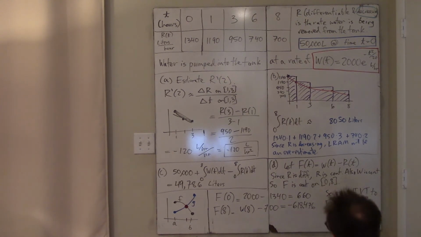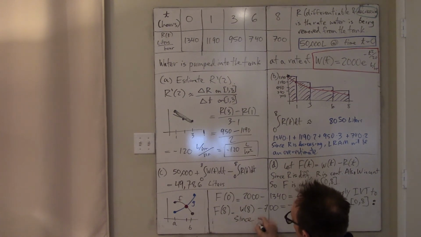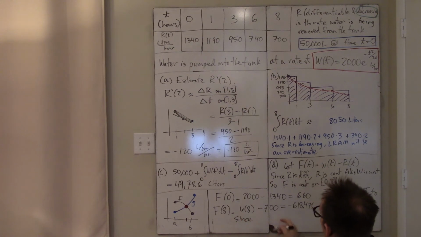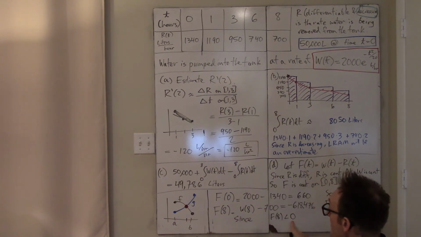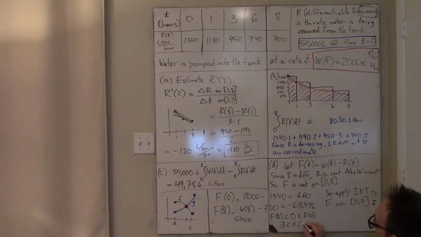And so, conclusion: apply the intermediate value theorem to f on the interval 0, 8. And what does the intermediate value theorem say? We say something like, since f of 8 is a negative number, and 0 is the y value in between f of 8 and f of 0, then there exists a c on the interval 0, 8 such that f of c is 0.